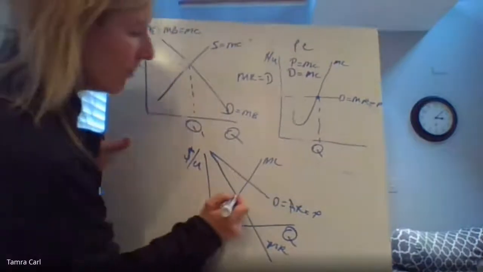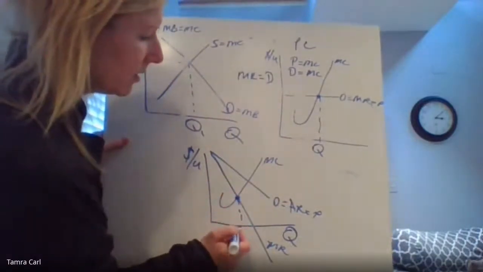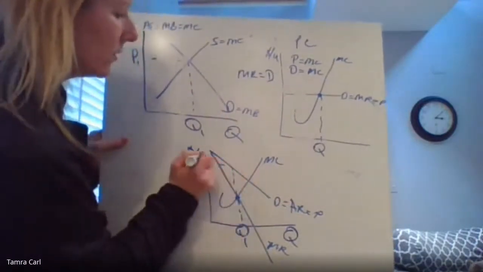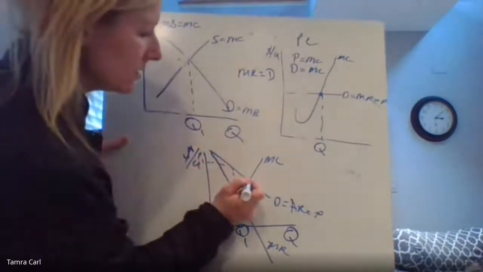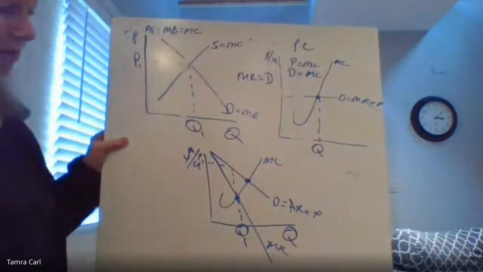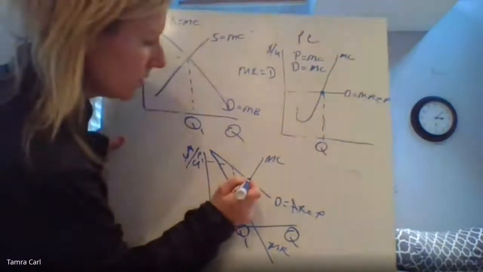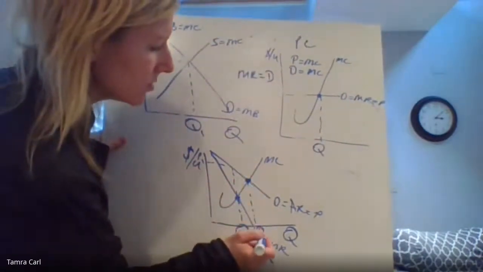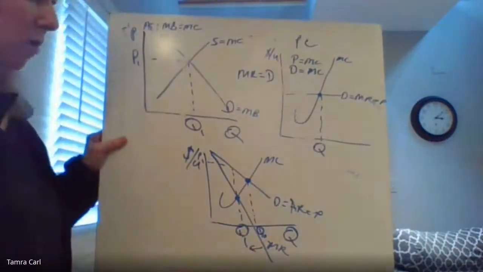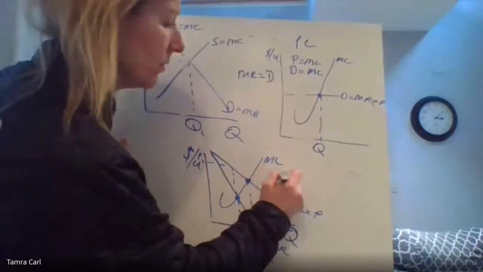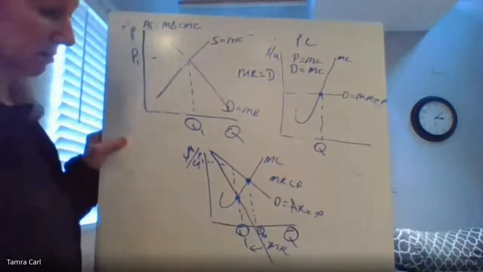They produce where MR equals MC. You take it up to the demand curve, and that gives you the price. Allocative efficiency is where demand equals marginal cost, or price equals marginal cost. So this is the socially optimal output, and they are far less than this. Why? Because their marginal revenue is less than their demand.